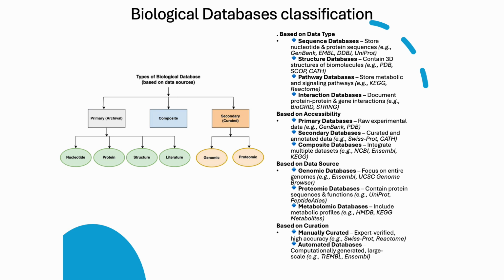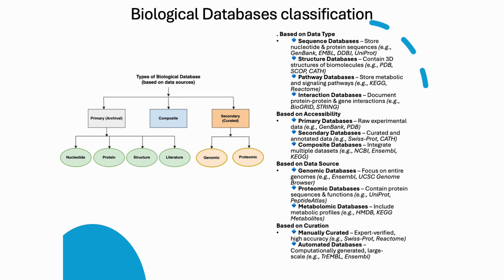So, for example, if you happen to generate DNA sequencing data, then you can submit it to a nucleotide database, and this is a primary database. Similarly, if you have an X-ray crystallography structure, then you can submit it to a database like PDB. Or if you have a protein sequence, then you can submit it to UniProt. Also, literature like PubMed is a popular database where submission is possible.